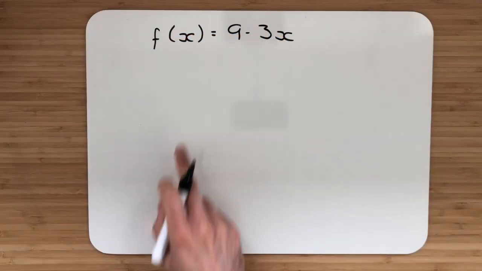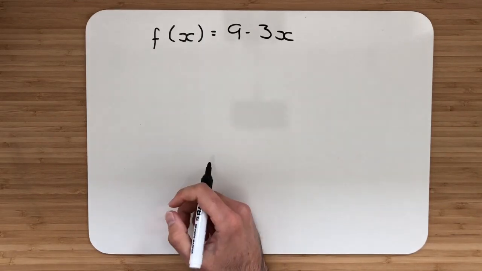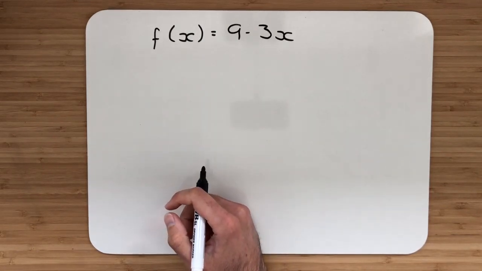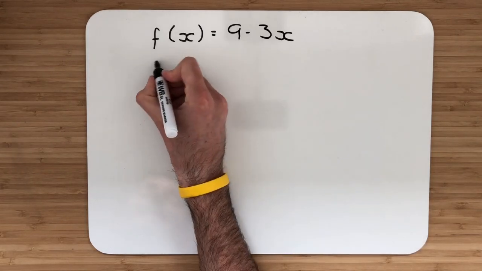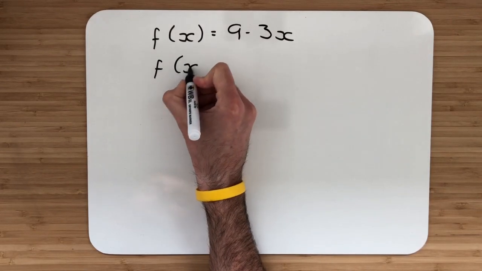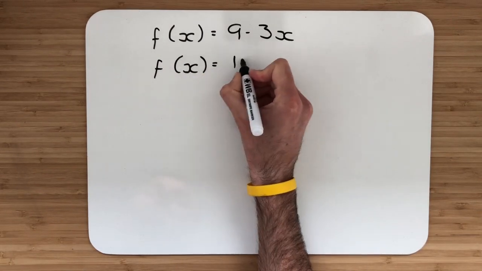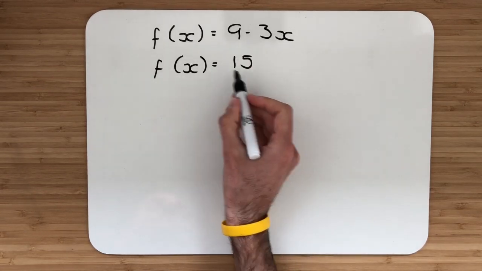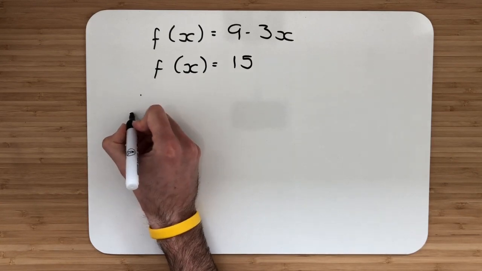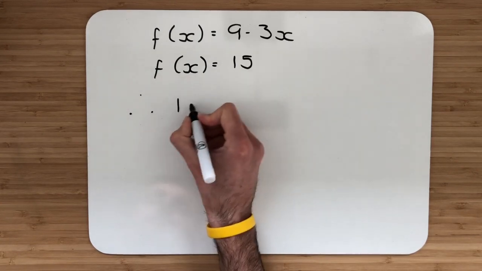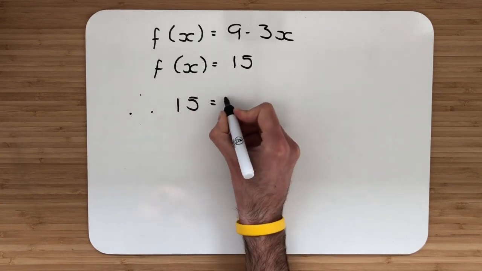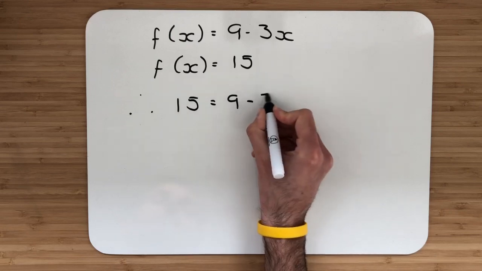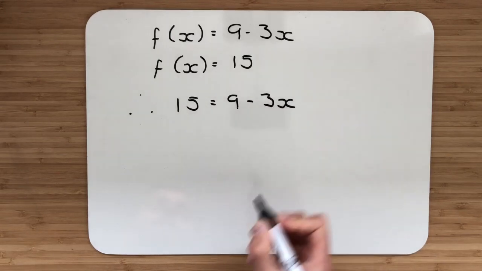In example 2, we've got the function f of x is equal to 9 subtract 3x, and we're looking for the value of x when f of x is equal to 15. So I'm going to substitute the number 15 in place of f of x. Therefore, 15 is equal to 9 subtract 3x.